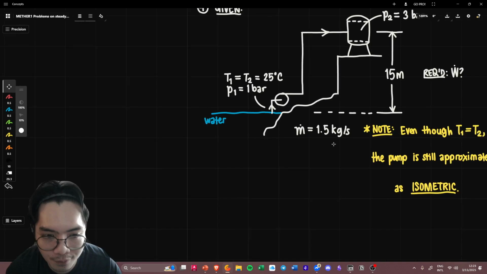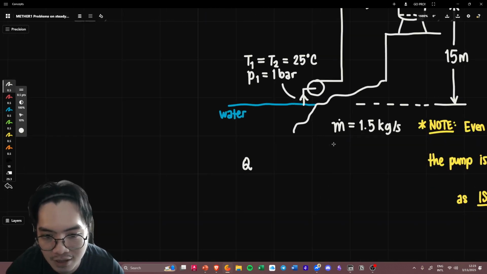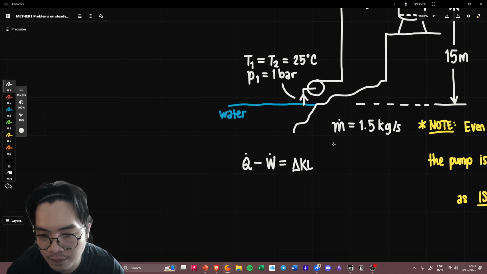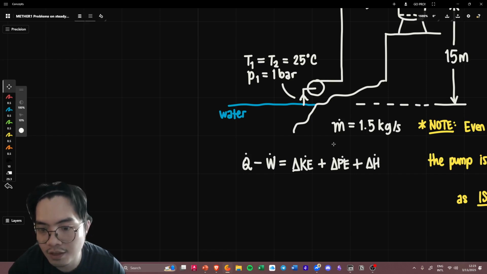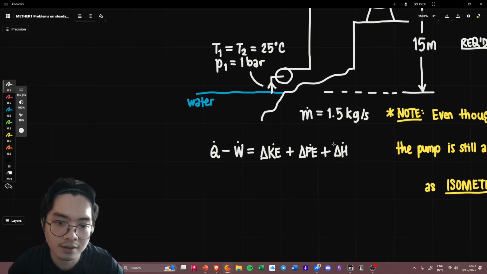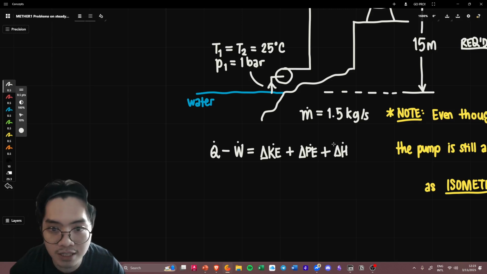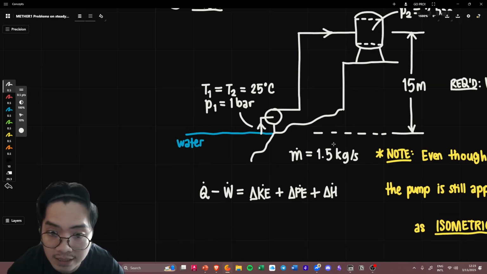For example, let's write down even just the first law: Q minus W, change in KE, change in PE, and change in H. The thing is, you don't know how much heat is being transferred, let alone if there is any heat being transferred.